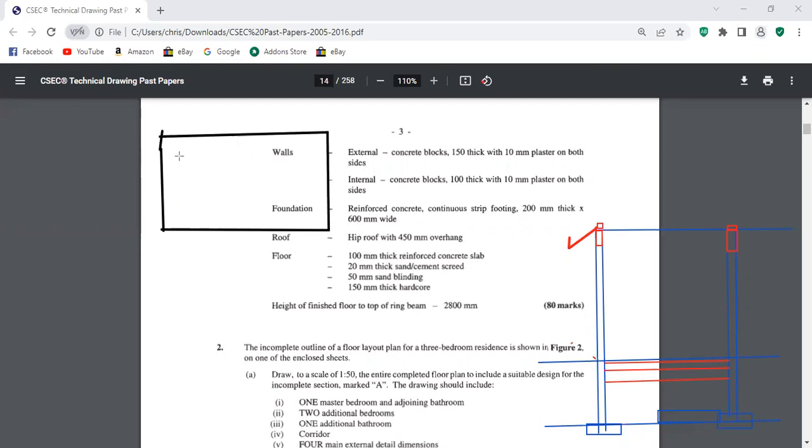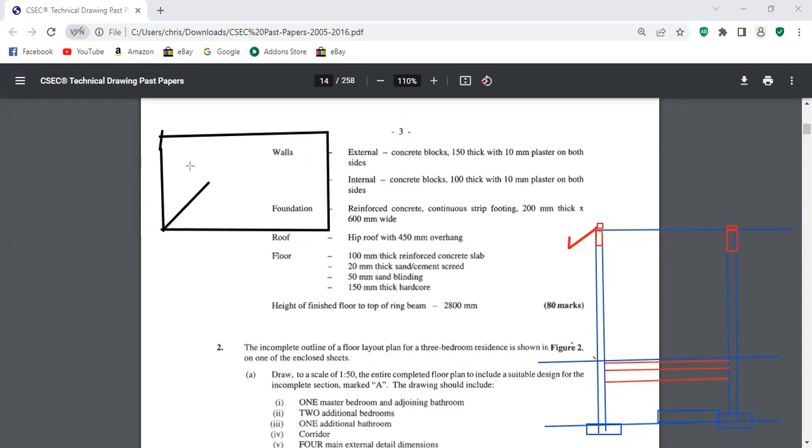What are the features of a hip roof? What distinguishes a hip roof from, say, a gable roof or a slab roof or any other roof, or a monopitch roof or a hip and gable?